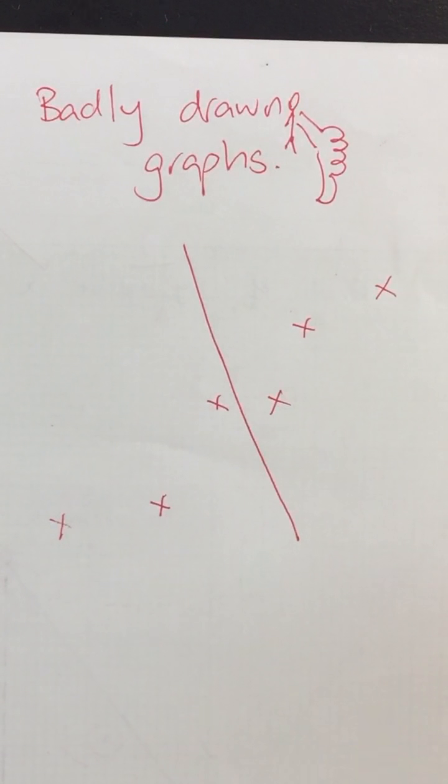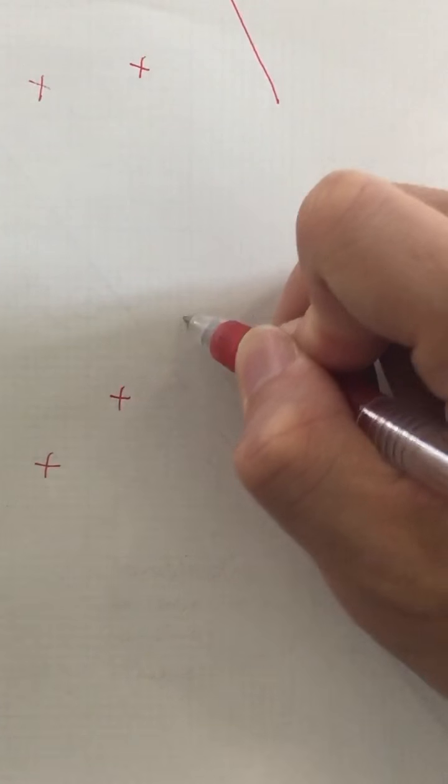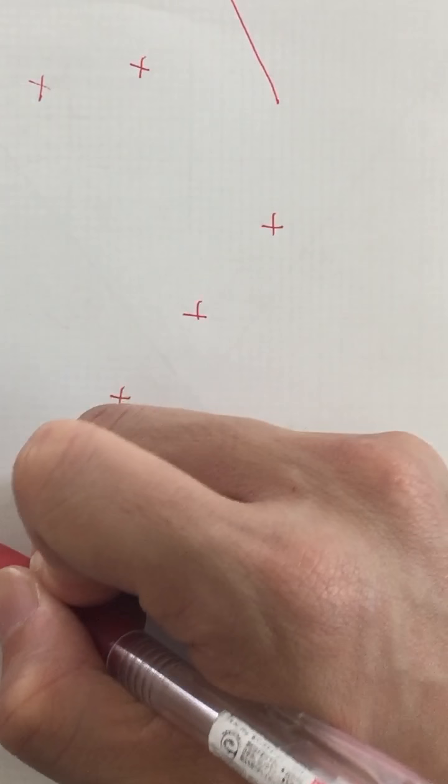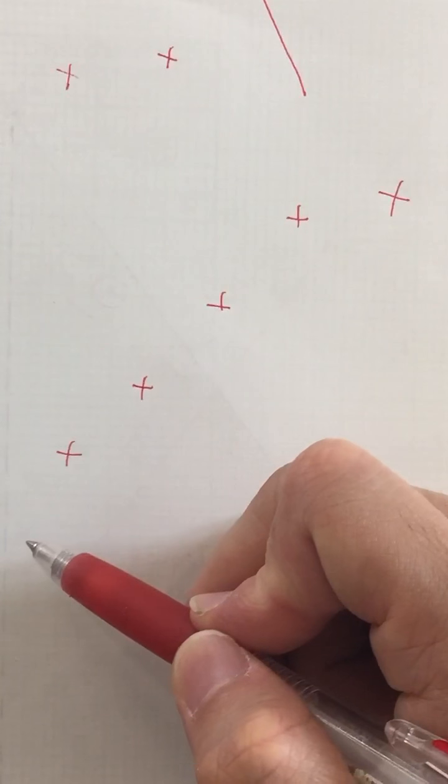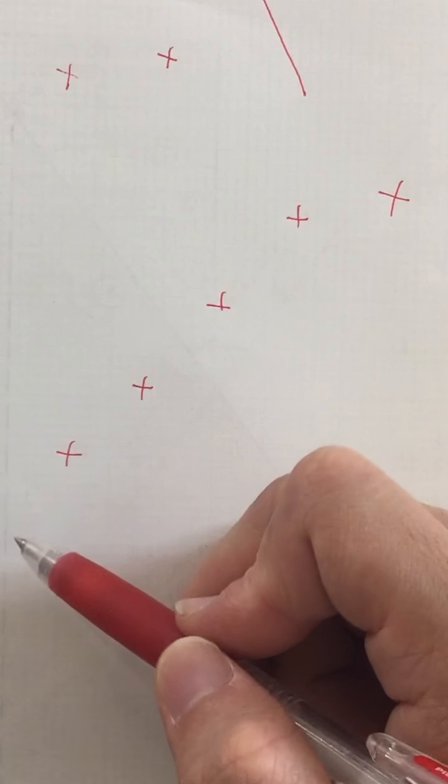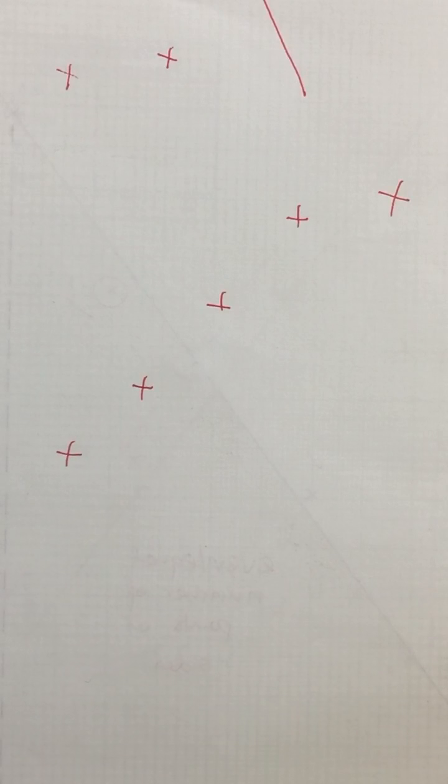Another example of a badly drawn graph. I have 6 points like this: 1, 2, 3, 4, 5, 6.